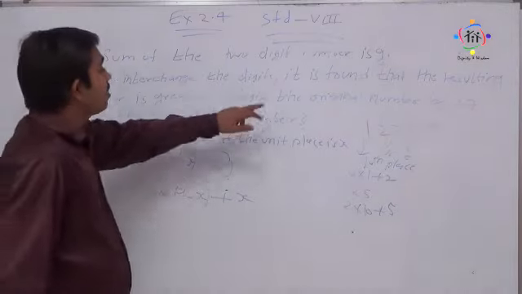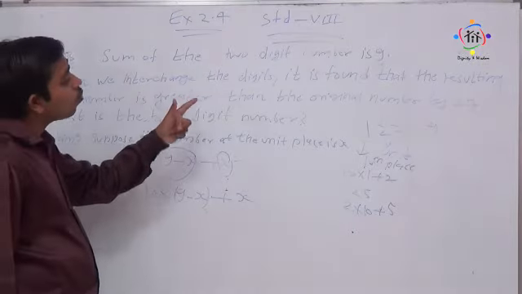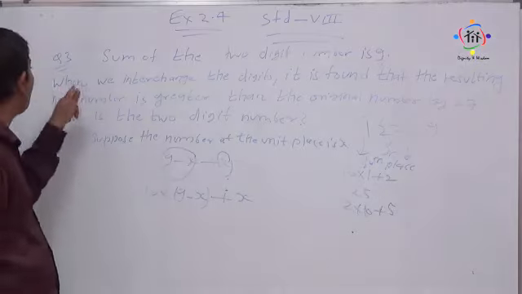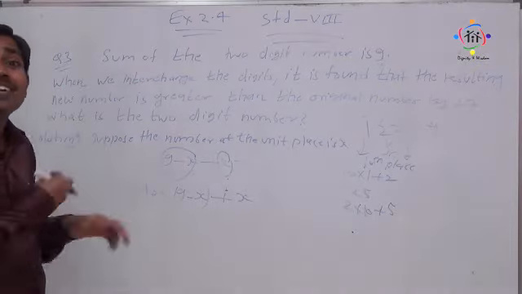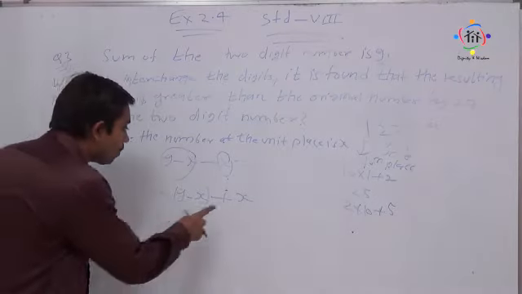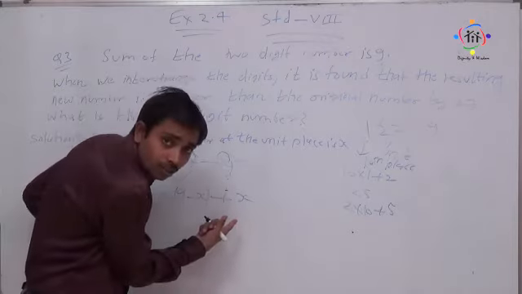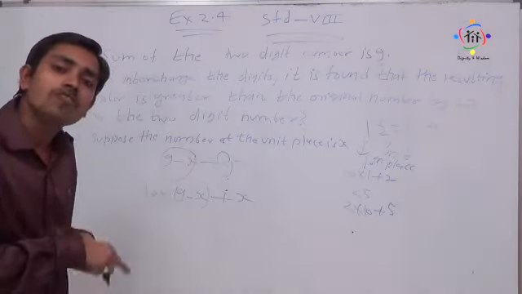Now, after this, what is given? It is found that the resulting new number is greater than the original number by 27. When we are interchanging the digits, it means I write the unit place number first and the 10th place number after. That is called interchange.